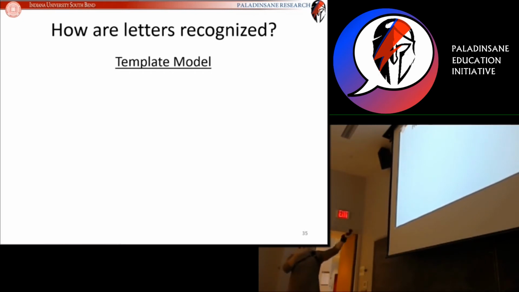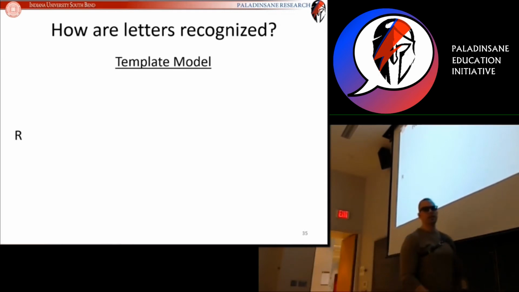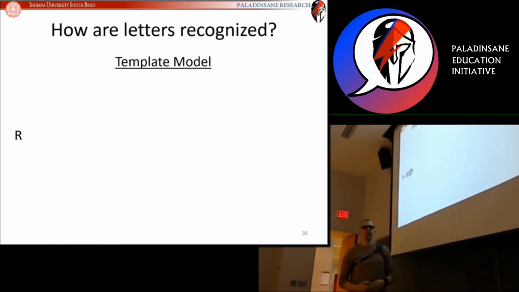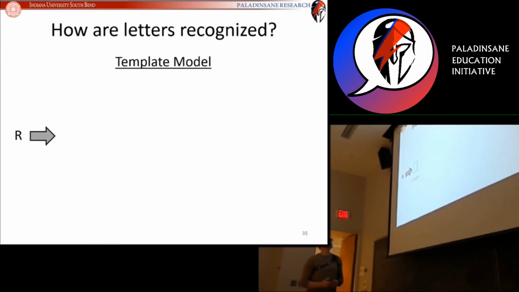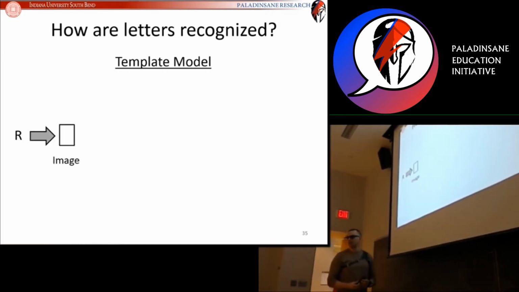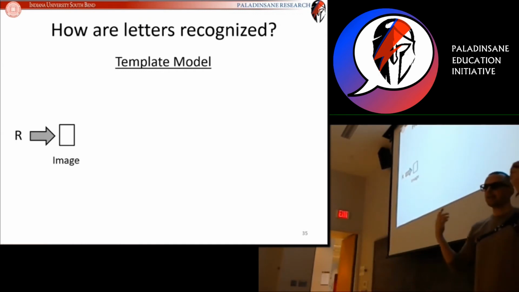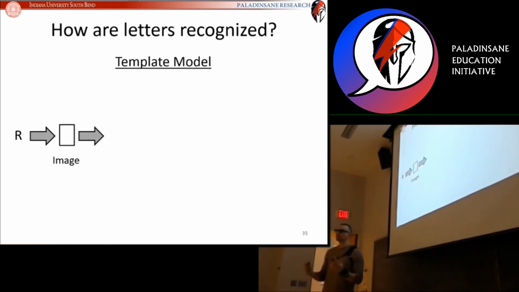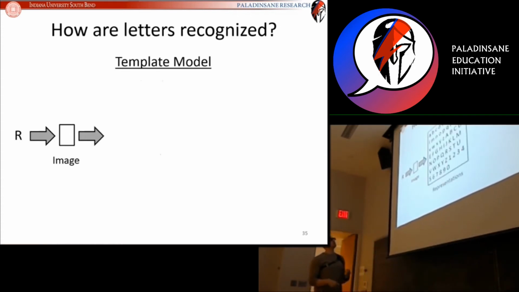So this is a representation of how your mind might work. You have this external reality, this external stimulus, this R. That R gets placed into an image sensor. The image sensor takes in that external information and sends that representation to a template.